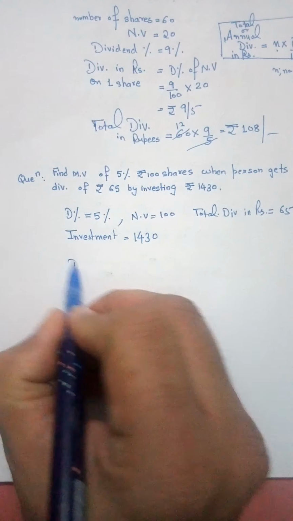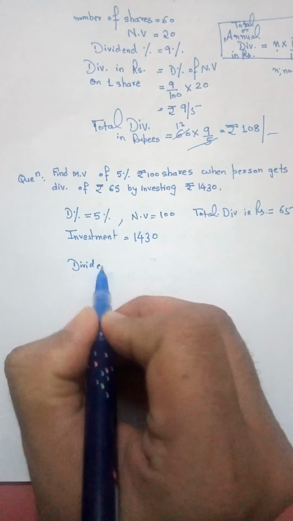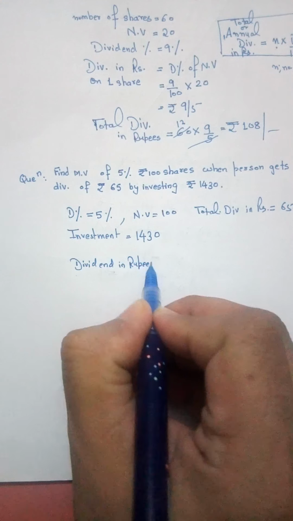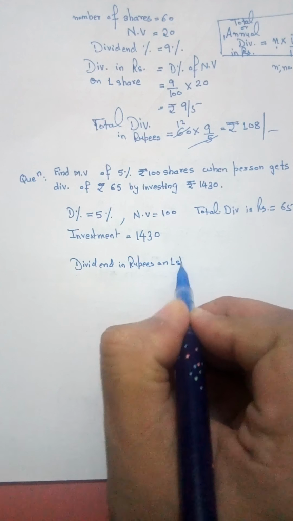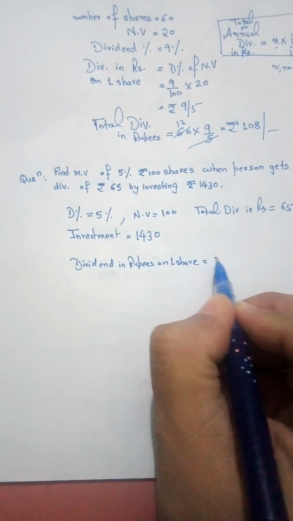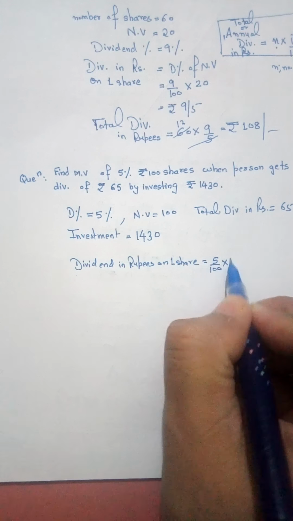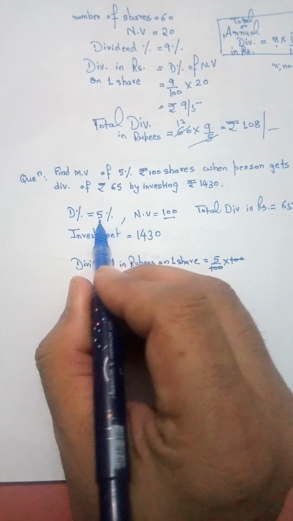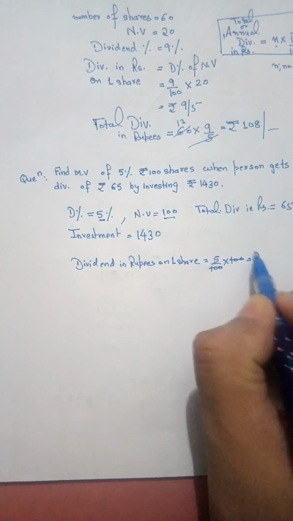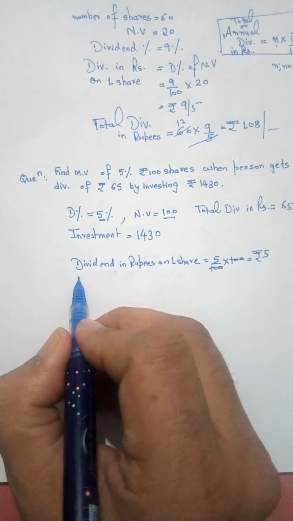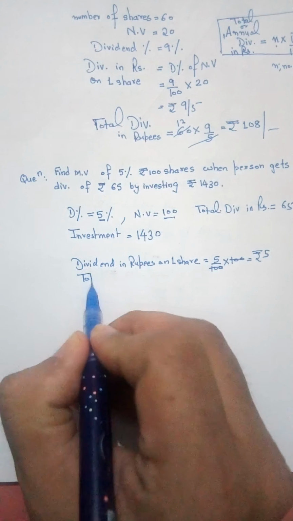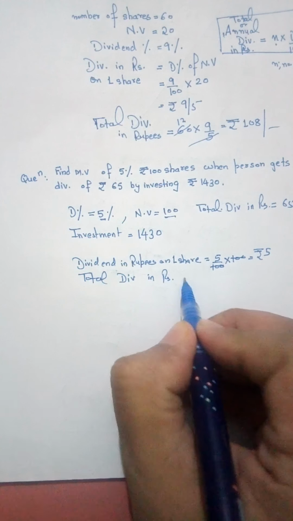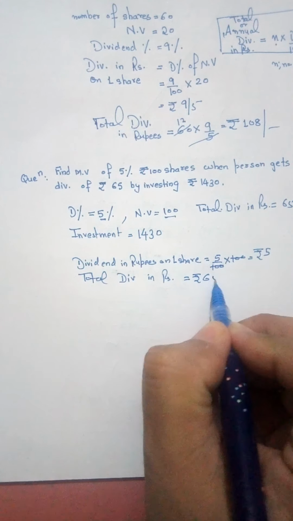So I know the dividend in rupees on one share. What is that? It is 5% of 100, because the nominal value is 100, dividend percent is 5%, so that is rupees 5. And I also know that the total dividend in rupees is equal to rupees 65.